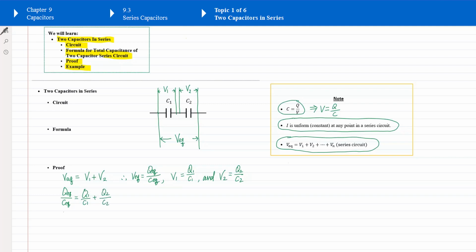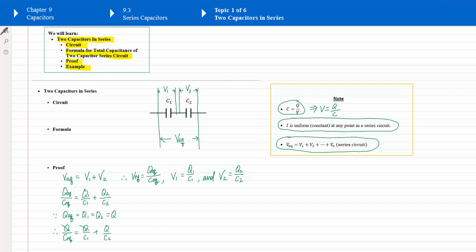Since the current is uniform at any point of the series circuit, the amount of charge stored by any plate should be the same. We can say the equivalent Q equals Q1 equals Q2, and let them equal a constant number Q. We can rewrite the equation: Q over CEQ equals Q over C1 plus Q over C2.